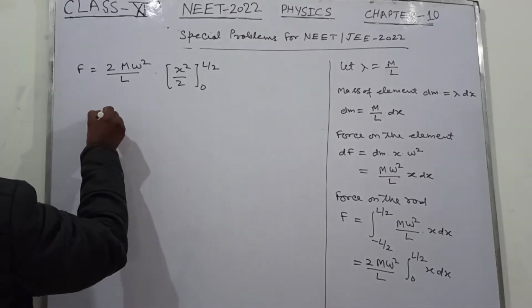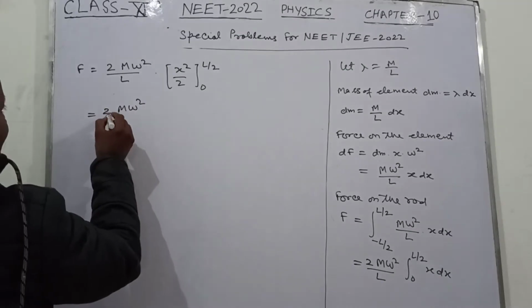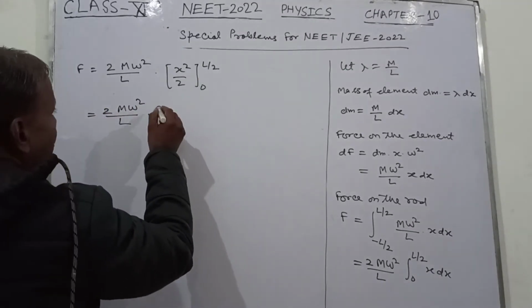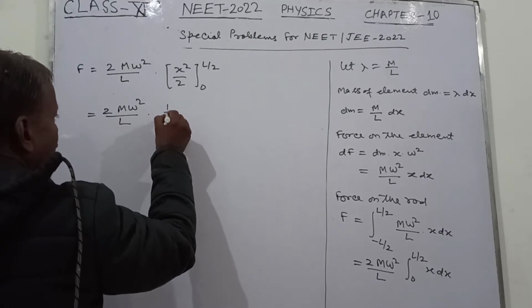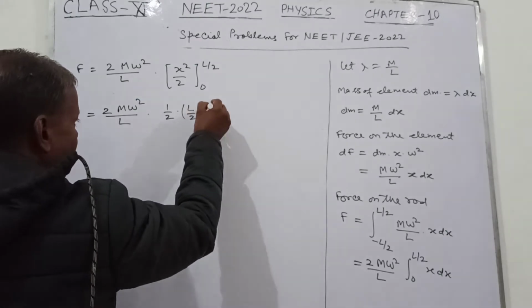So now this is 2m omega square upon L into 1/2 into (L/2) whole square.